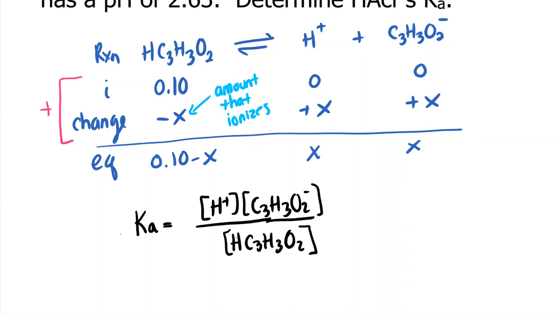Okay, and we could put this in terms of X now, because we have those concentrations in terms of X. I'm just going to put it over here. So it's X times X. I'll just fill them in like this.